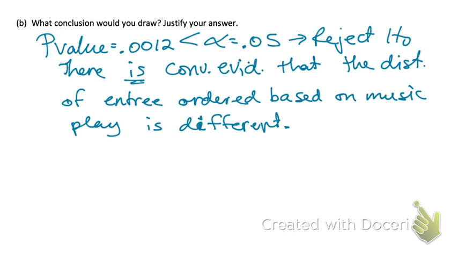We have convincing evidence that the distribution of entree ordered based on music playing is different. Basically what this is saying is that music does in fact influence your choice of food.